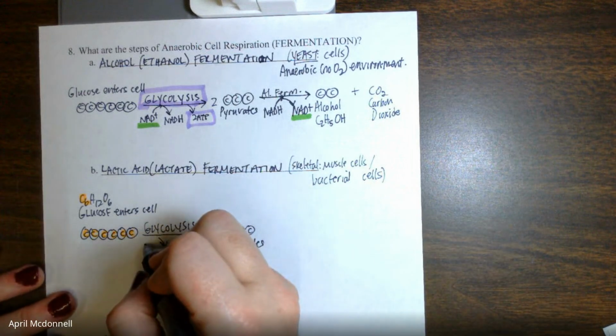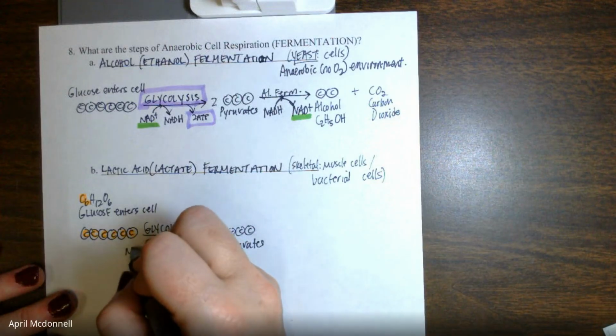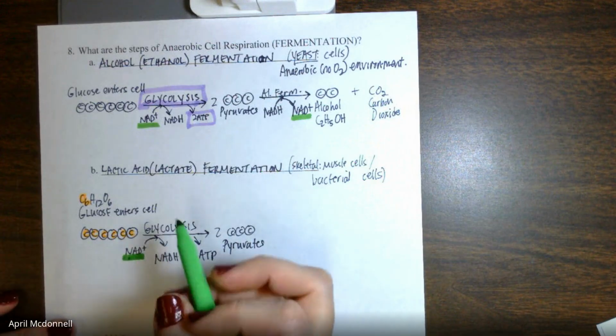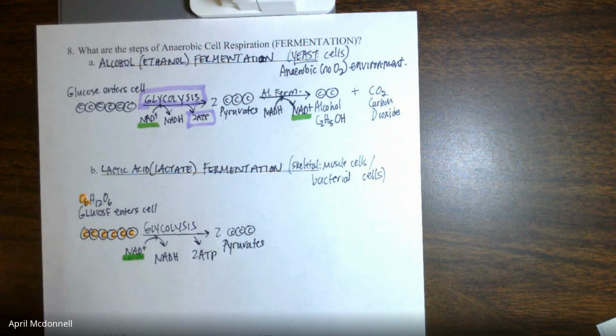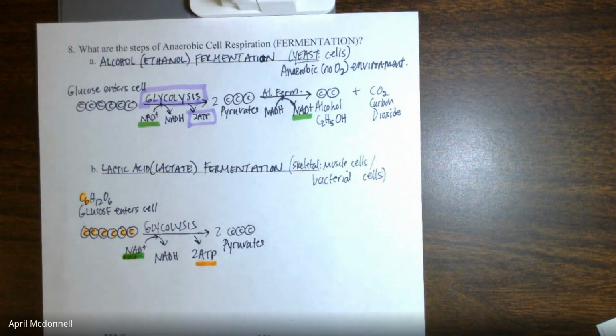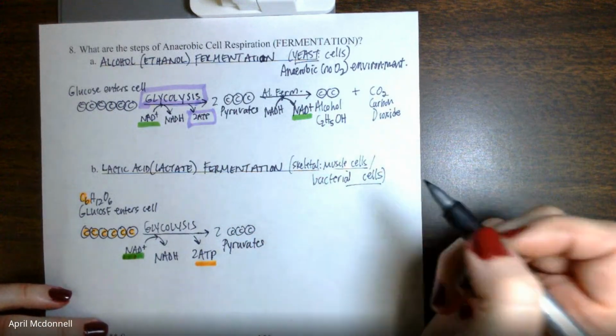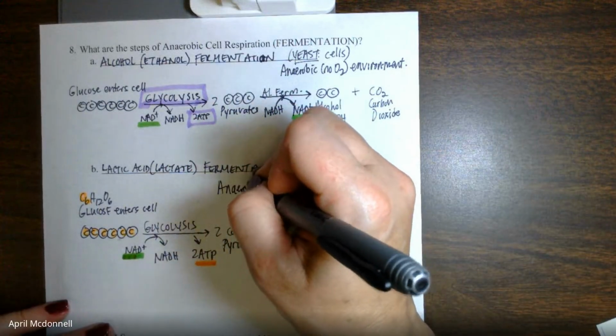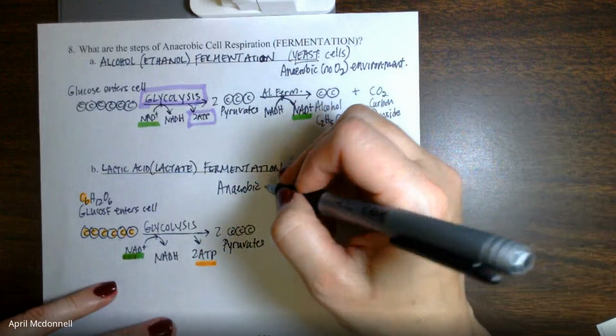So what happens is that the cell says, oh no, I'm running low on the supply of my NAD+. And the only way that I can keep glycolysis going and make ATP is if I regenerate my supply of NAD+. Okay, again, these cells are going to be in an anaerobic environment. So this is dependent on the type of environment that these cells are exposed to.